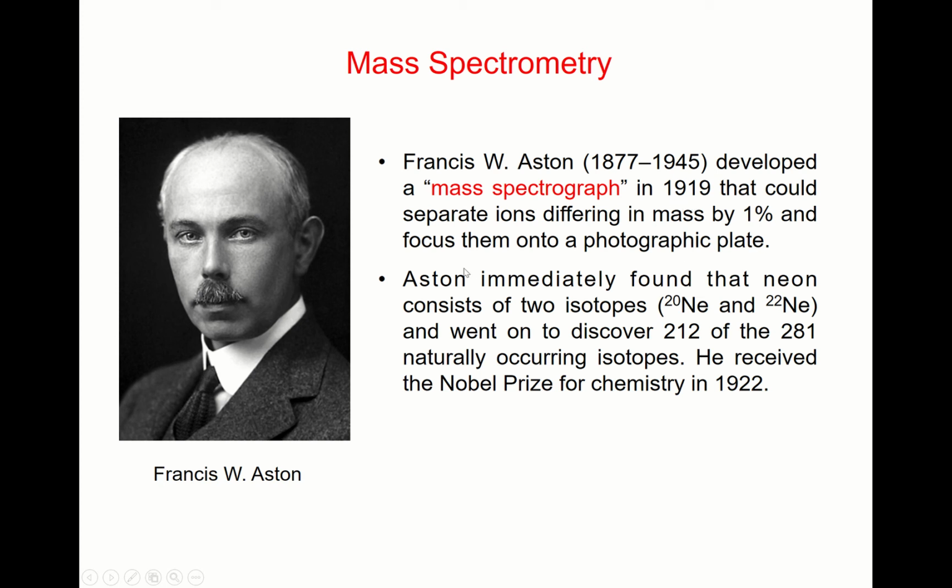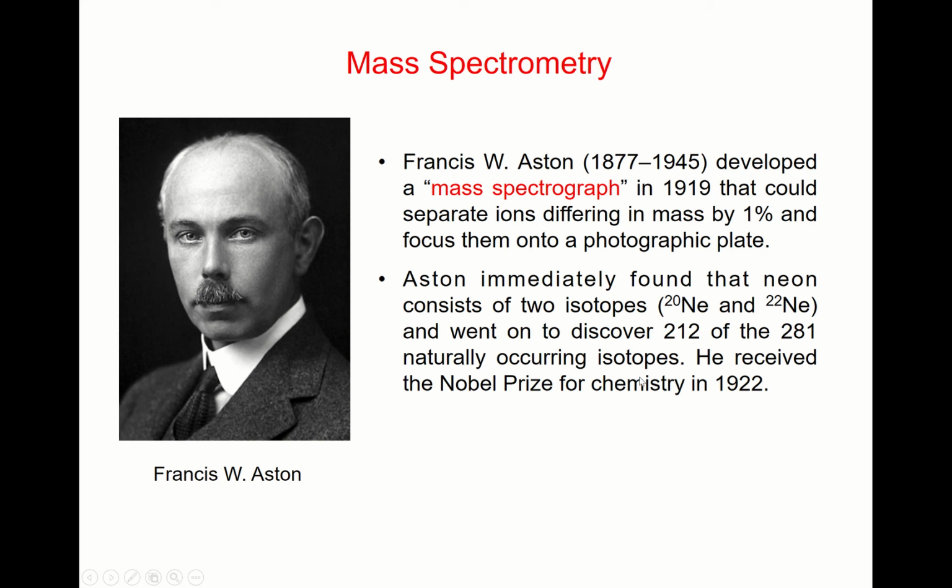Aston immediately found that neon consists of two isotopes. At the time, neon isotopes were not known, but by separating the mass, he could identify the neon isotopes, and went on to discover 212 of the 281 naturally occurring isotopes.